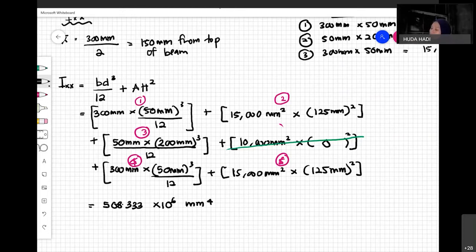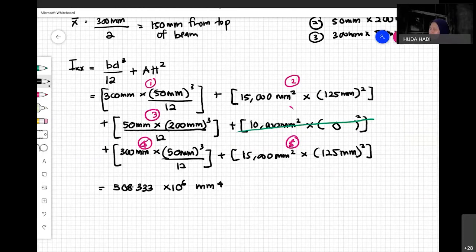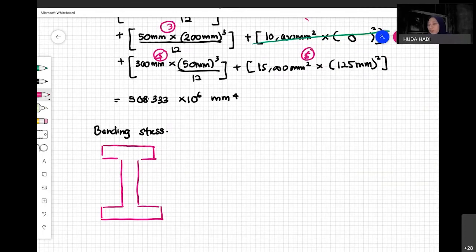The maximum shear force and maximum bending moment are given, so no need to calculate. We can proceed directly to bending stress. Then we divide it into 5 points.